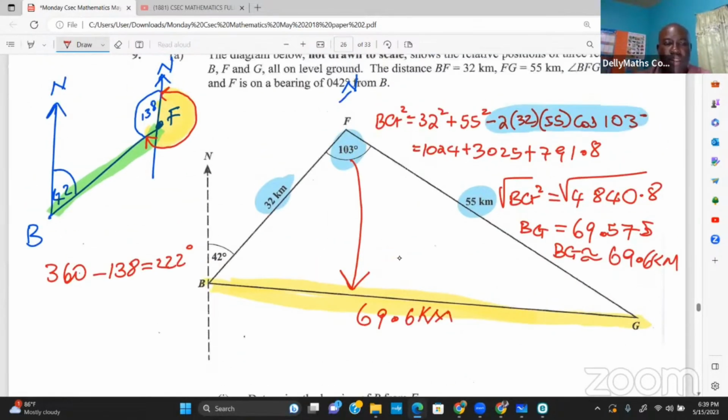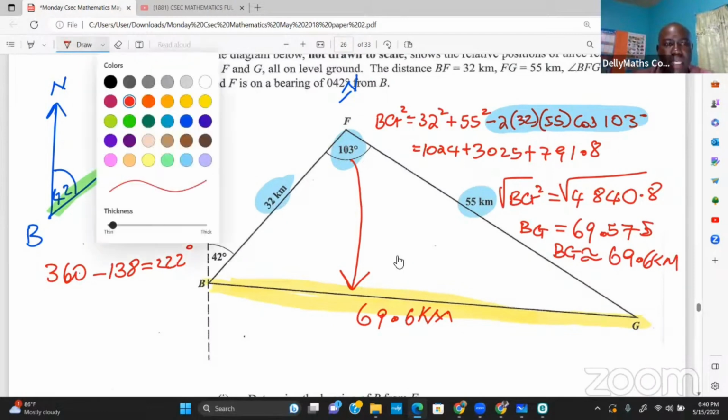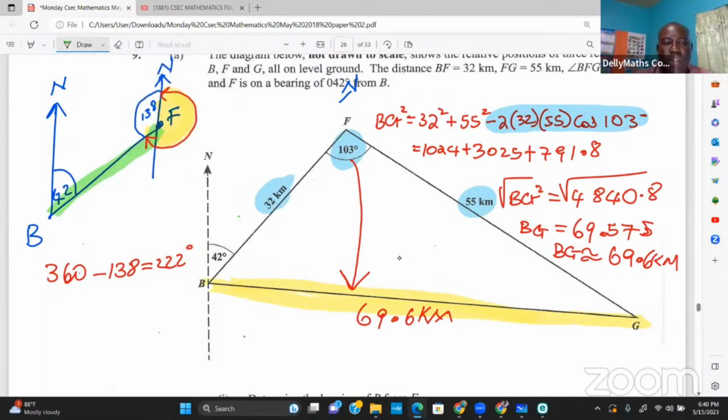Okay, so they want me to find, so I'm going to go at B, and then we're going to go to the north of the point, clockwise motion, until I reach the line that leads to G. So I need all of that angle in green. But what we're noticing is that we would have had 42 degrees out of it.